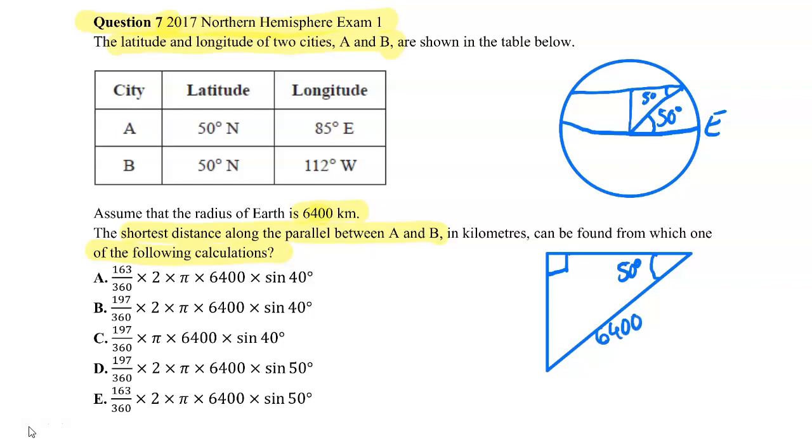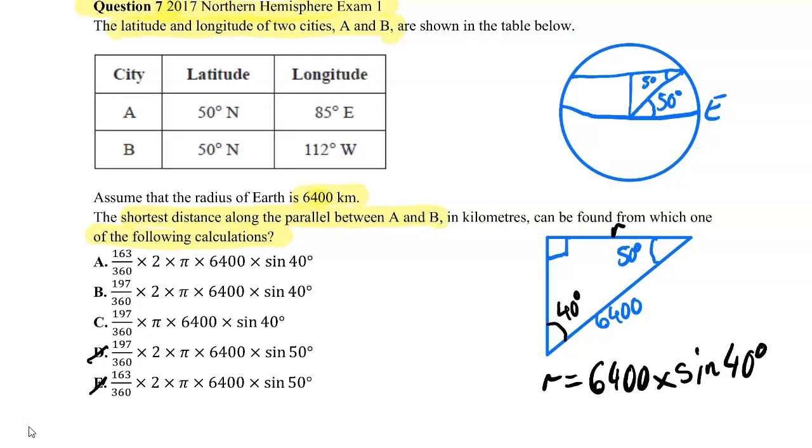So that means the other one here must be 40 degrees. So that already cuts out 2 options. Now we know that that distance R is equal to 6,400 times by sine 40 degrees.